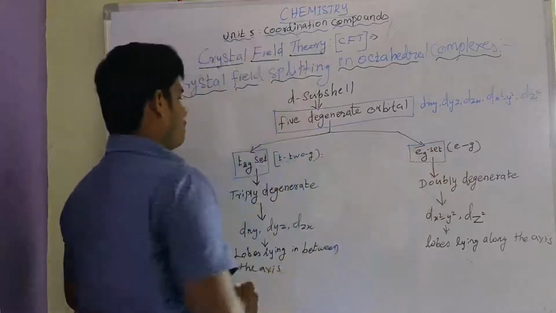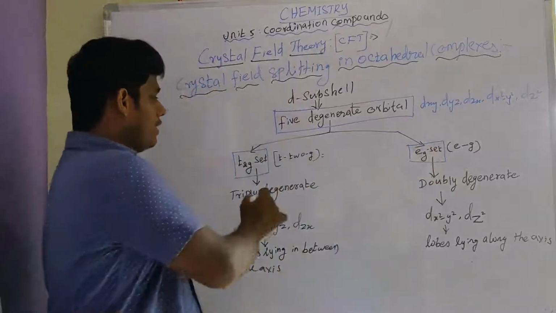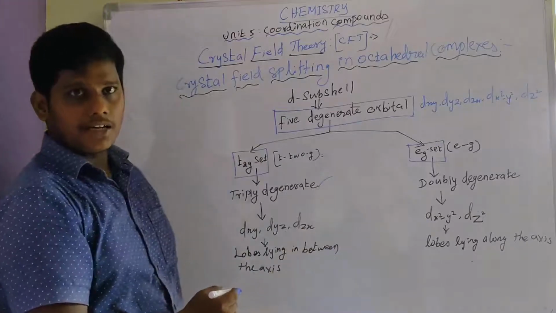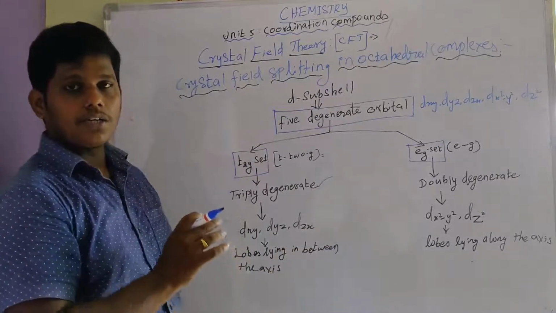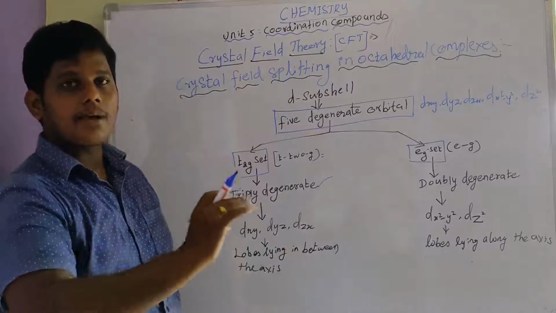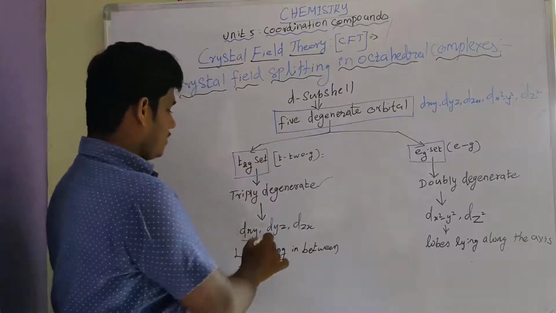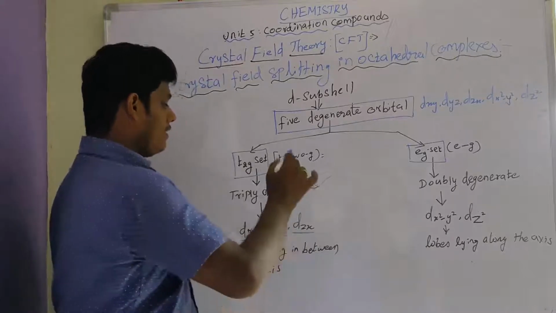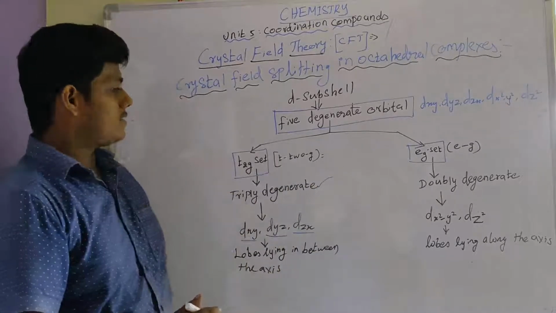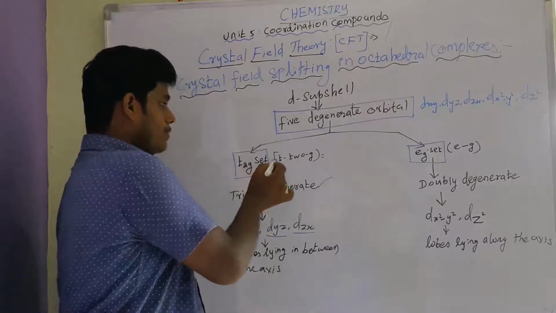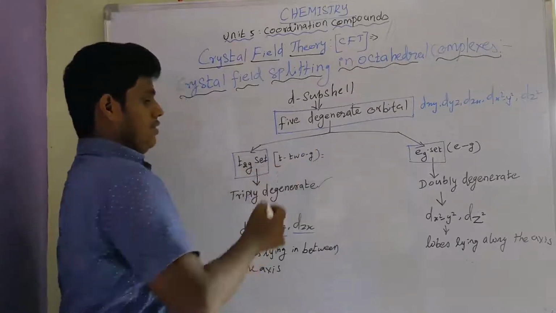What do we mean by T2g? It means triply degenerate, that is, all three d orbitals dxy, dyz and dzx are at the same energy level. This set is called T2g.